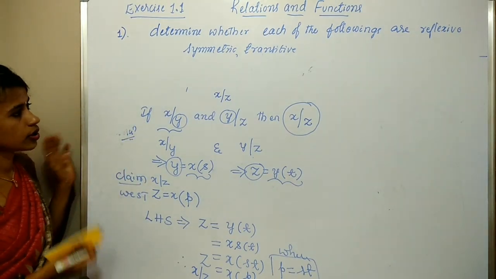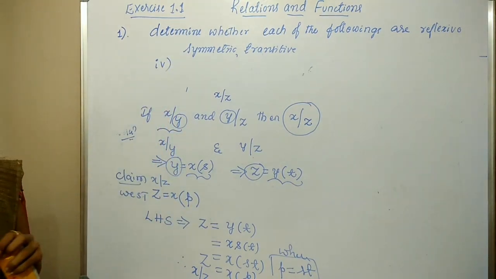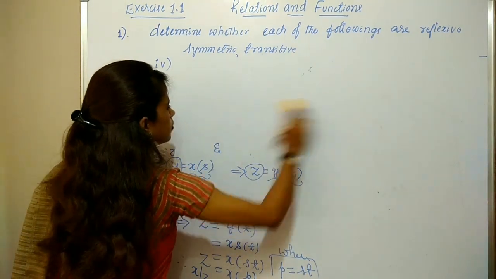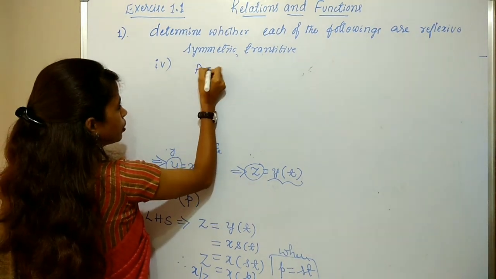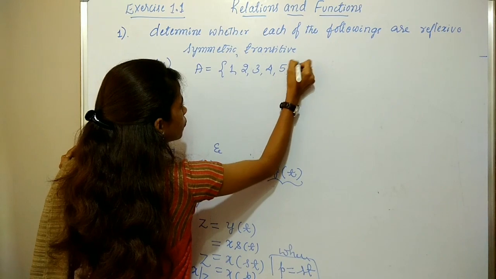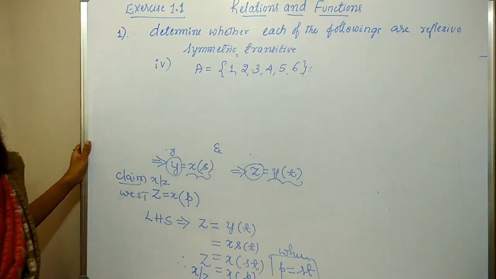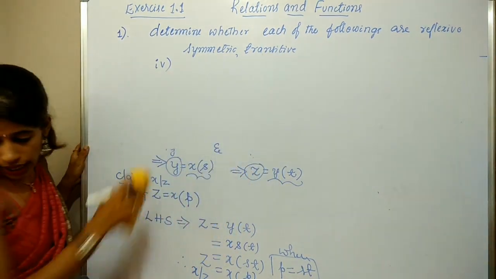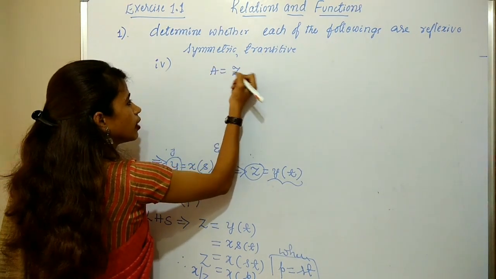Okay, write down this next problem, the fourth problem. So what is the fourth problem? The relation R in the set Z. Here A is the set of all integers.